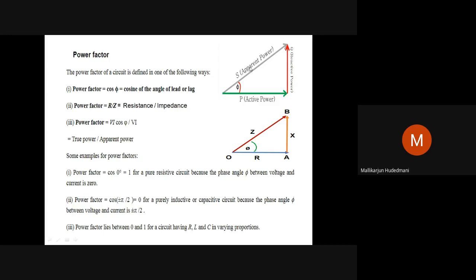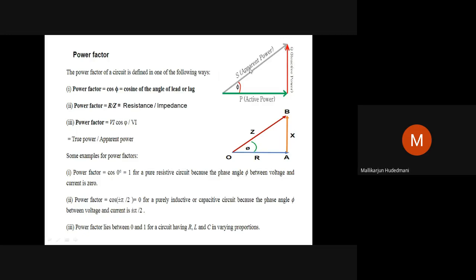Together these two sides represent apparent power. Hence the power factor angle is revisited as the angle between the complex power vectors, apparent and active power. If this is VI, this is VI cos phi, and this side must be VI sin phi.